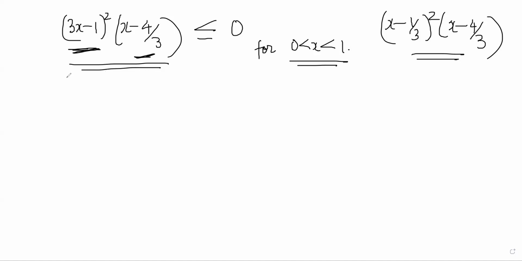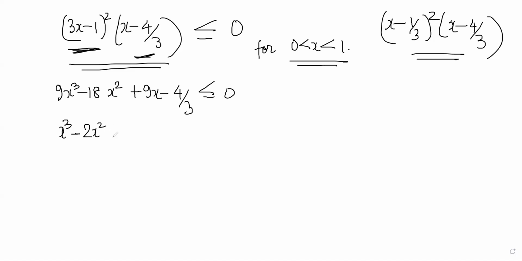Now, if you simplify this a little bit, you will be able to write it as 9x cubed minus 18x squared plus 9x minus 4 by 3 is less than equal to 0. And simplify it a little further, you'll get x cubed minus 2x squared plus x minus 4 by 27 is less than equal to 0.